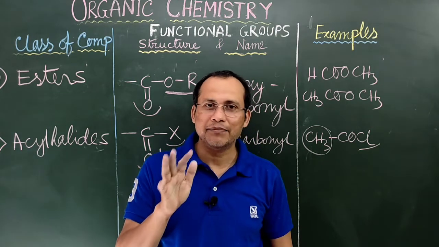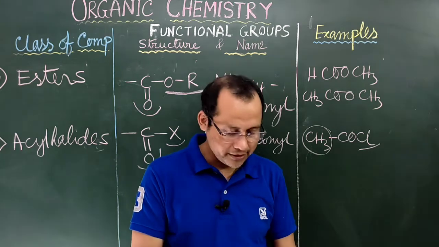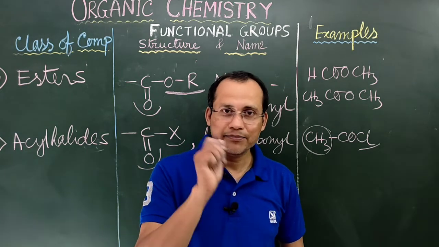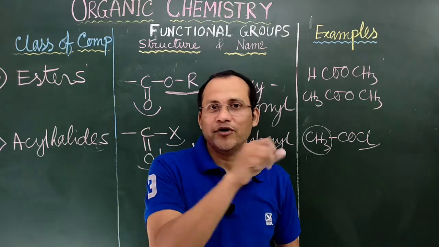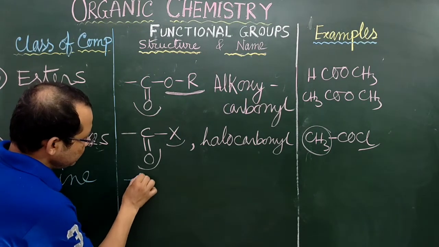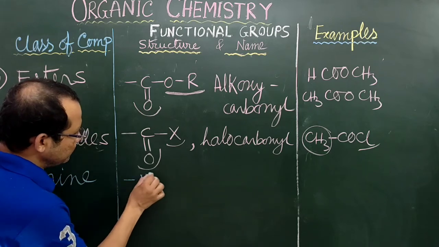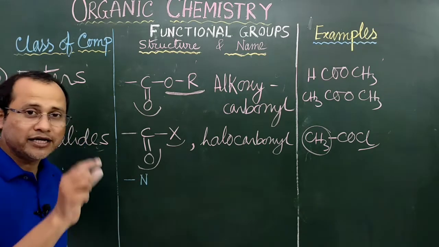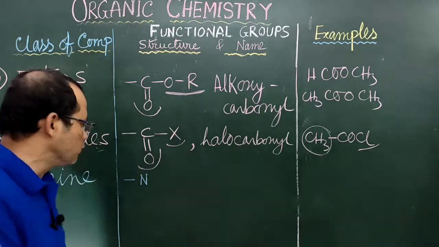Now come to the next important compound. You also must have heard of different amine groups, amine compounds rather. Now let me write down the name and functional group of amine. In amine, one N will be there, and N may contain hydrogen or any alkyl group.